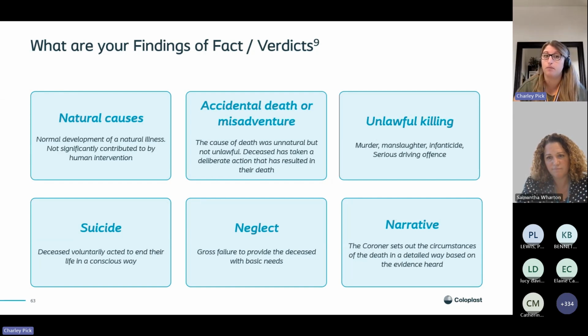Lots of assumptions were made that should not have been made, and we can't ever assume anything. We need to go off facts, and we need to make sure we have documented those facts, so that if you get called into a coroner's court, you can recall them. That will help you explain the decisions you made and why, along with the documentation you have made.